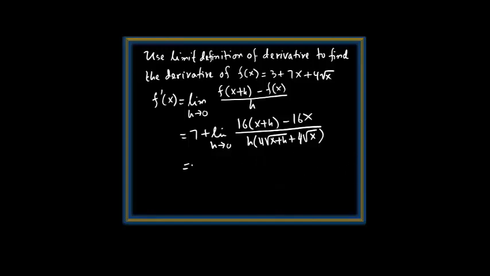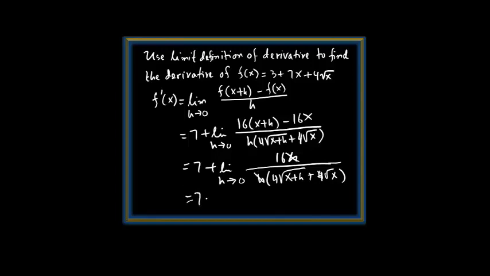And then further simplification now gives me the following form. You have 7 plus the limit as h goes to 0. You can keep your denominator whatever it is, plus 4 square root of x. And in the top now, when you distribute 16 and simplify, you will simply get 16h. 16x will cancel out. Now this h I can cancel.